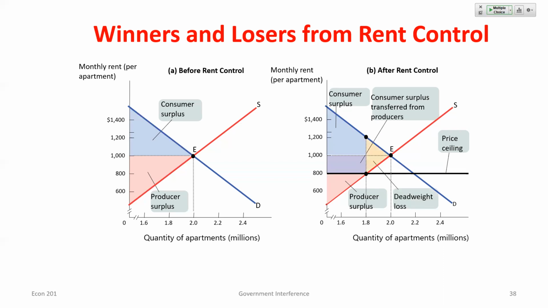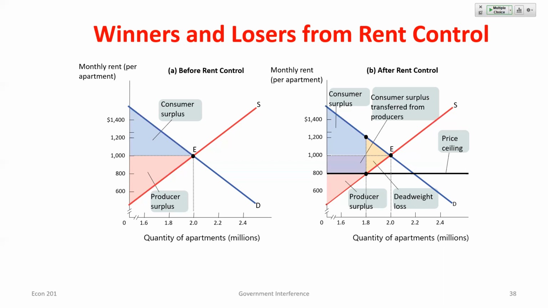So what we'll call that loss relative to the equilibrium is deadweight loss. If we think about total surplus when we were in equilibrium, total surplus has gone down by whatever this area is here because we're no longer selling these additional units.